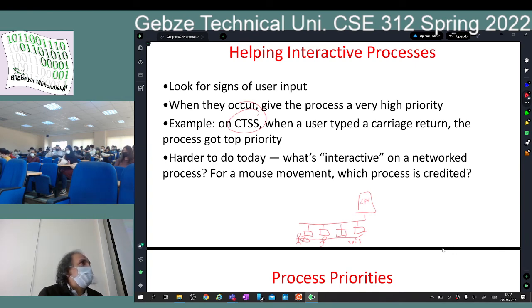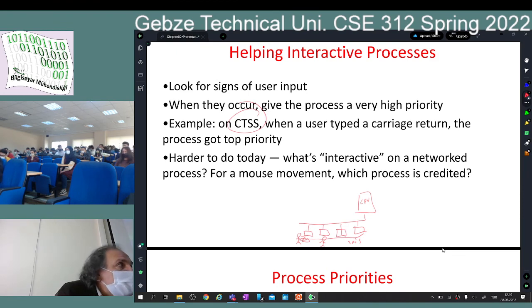Every time a timer interrupt happens, the operating system updates all those statistics in the process table. Who used what? How many seconds they used the CPU? What kind of memory accesses they have? How many page faults they have caused? These kinds of statistics are kept in the process table or the thread table. Okay?